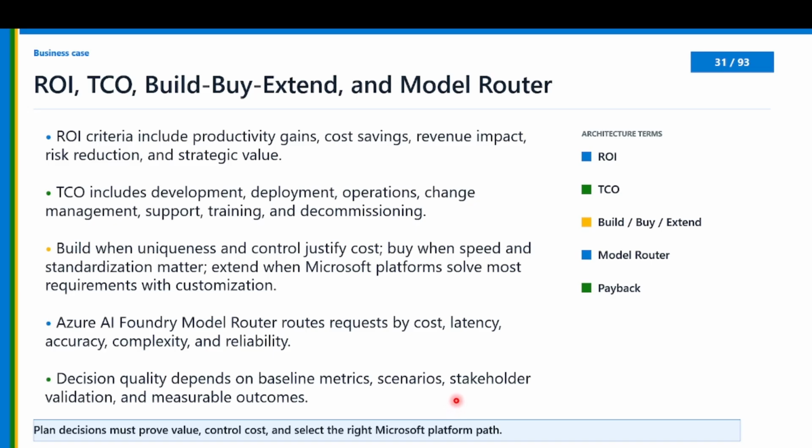Know when to build a custom model, when to buy a model, and when to extend what is already available in the Microsoft ecosystem as part of your solution. Know this architecture, know this value, ROI, TCO, and risk mitigation, and be able to communicate this to business stakeholders.